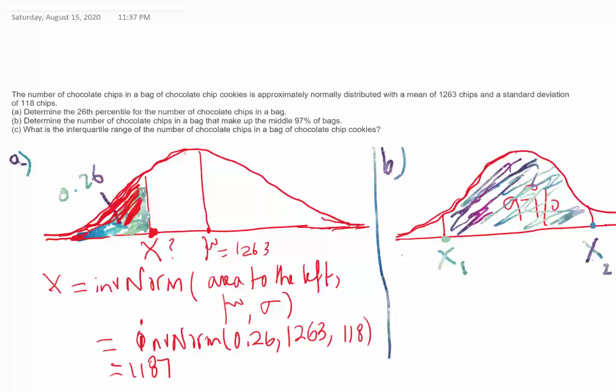Well, the total area under the curve is 100%, so what's left from 97%? It will be 100 minus 97, which is 3%. But notice, guys, the area is going to be split up between the two tails, so split up the 3% between the two tails. So this one will be 1.5%, and this one as well will be 1.5%.